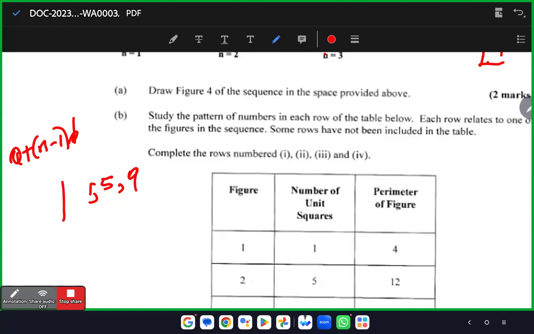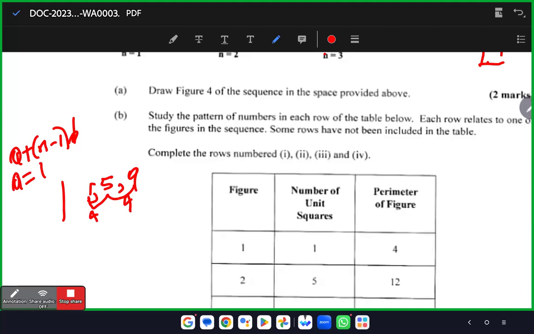The first term will not change its value. The common difference will not change its value. So in this case, the first term A will be equal to 1. The common difference is the difference between successive terms. The difference between 1 and 5 is 4, and the difference between 5 and 9 is also 4.